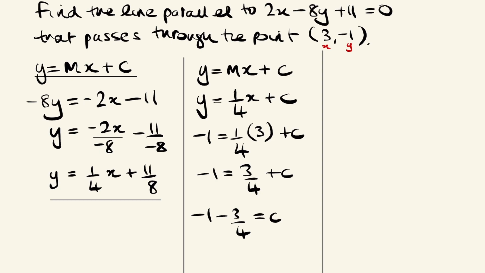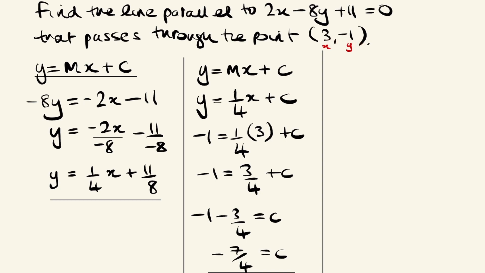So minus 1 minus 3 quarters is minus 1 and 3 quarters, and minus 1 and 3 quarters we might write as minus 7 over 4.